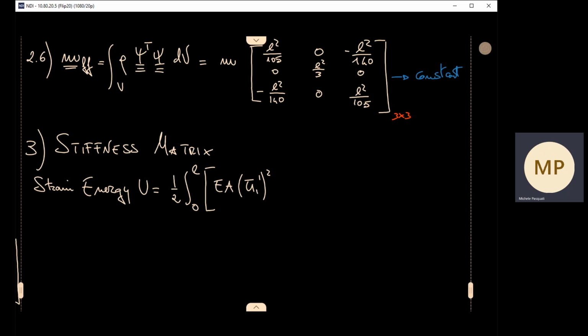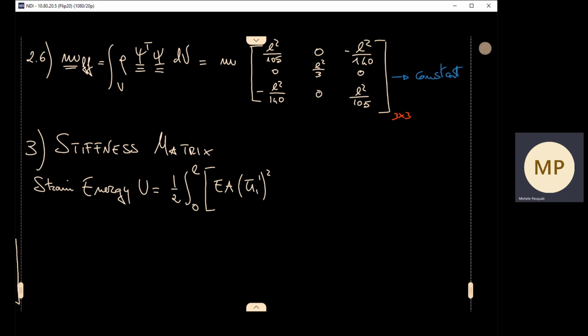This is what you typically write in your Euler beam model. And this is actually what we have already seen in our 1D model.